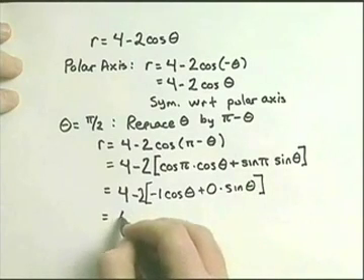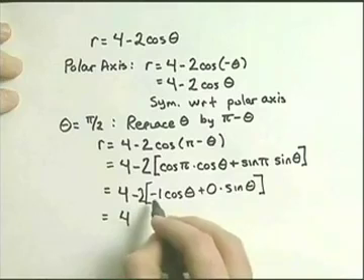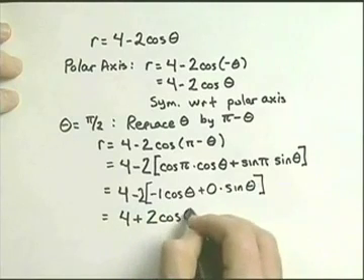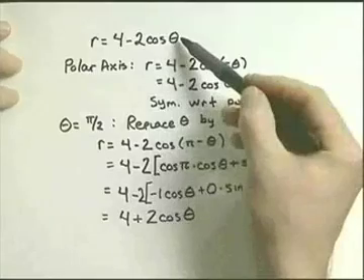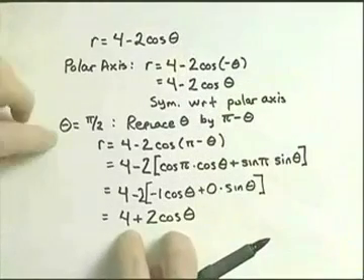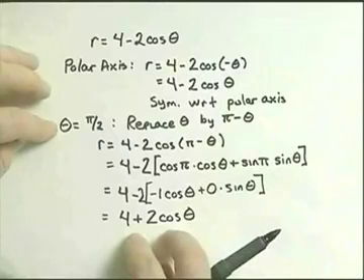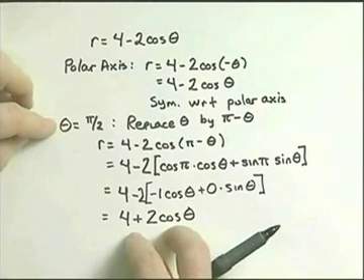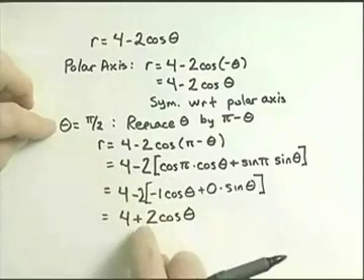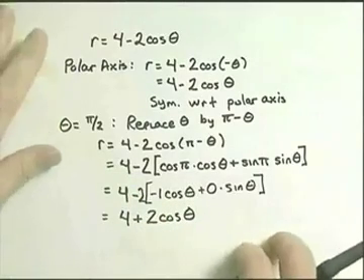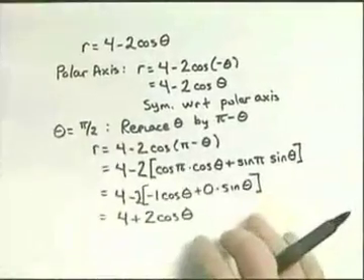That gives me 4, and now negative 2 times negative 1 is plus 2 cosine of theta, which is not equivalent to what I have up here. Therefore, the graph may or may not be symmetric with respect to the line theta equals pi over 2, because while these are sufficient conditions, they are not necessary for the type of symmetry indicated.